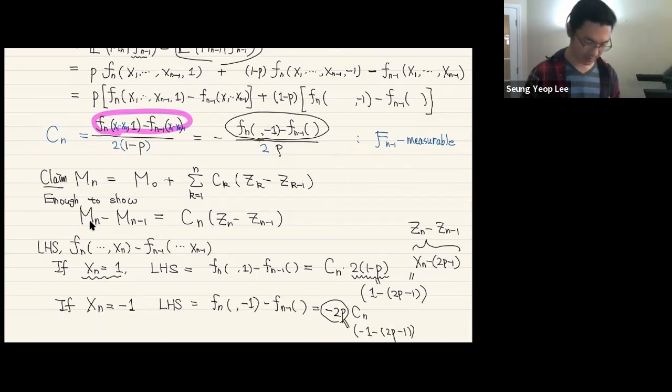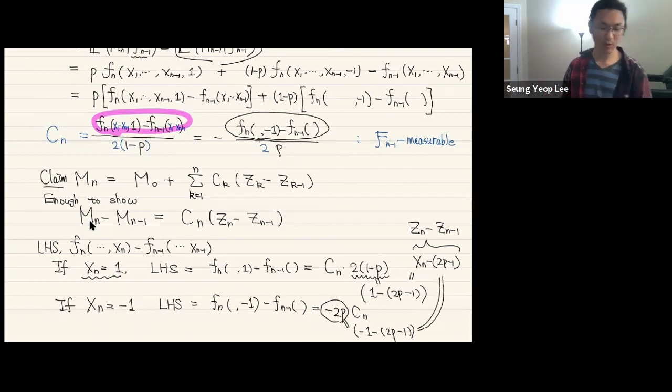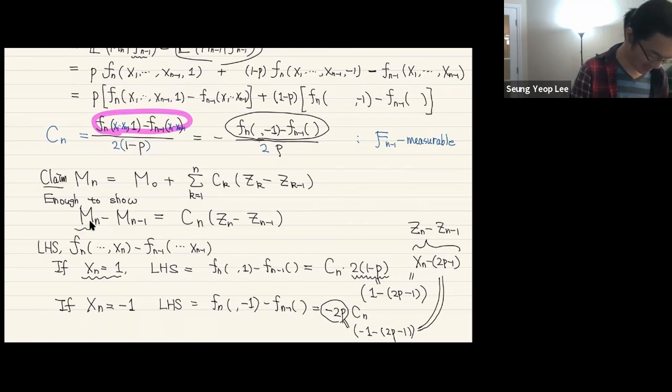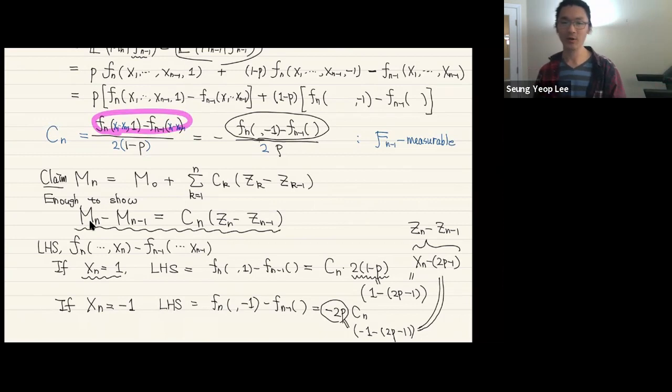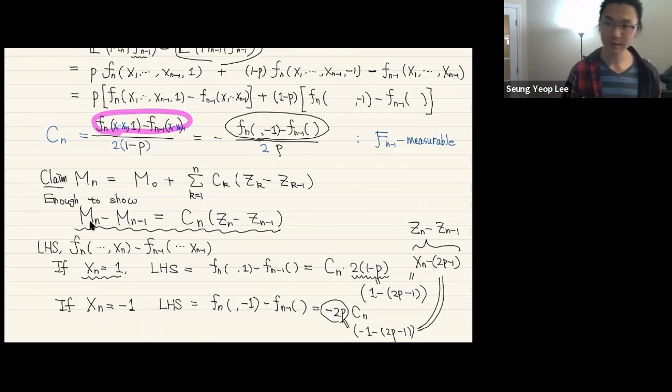I hope that's right. Yeah, that's right. Which is exactly, again, xn minus (2p minus 1) when xn is minus 1. Okay, so we just check this equality, and therefore this claim is true.